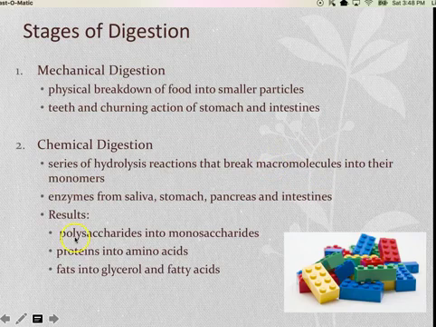So for example, polysaccharides into monosaccharides, proteins into amino acids, fats into glycerol and fatty acids. Okay, so these are the macromolecules, these are the monomers. And we'll see when we talk about all this, we're going to have different enzymes in the saliva, in the stomach, pancreas, and intestines that will help with this.